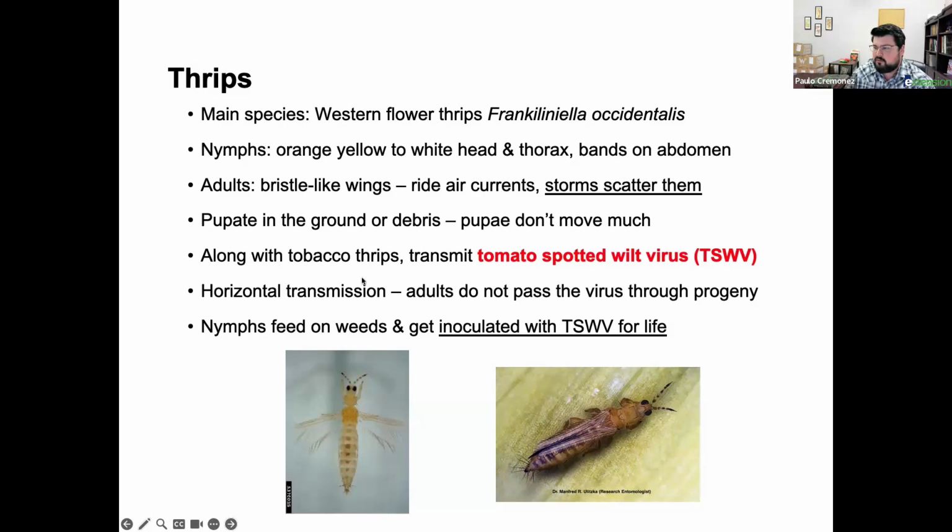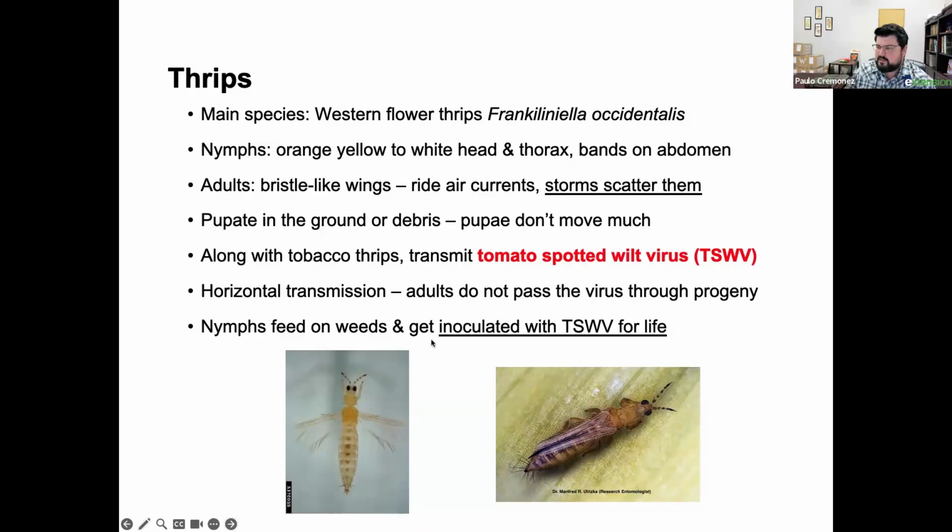Thrips also transmit a disease called tomato spotted wilt. This is caused by the tomato spotted wilt virus, which happens by horizontal transmission. So only from plant to thrips and thrips to plant, not through the progeny.